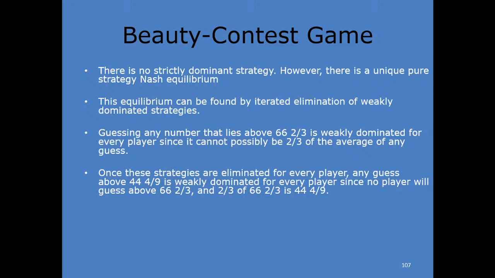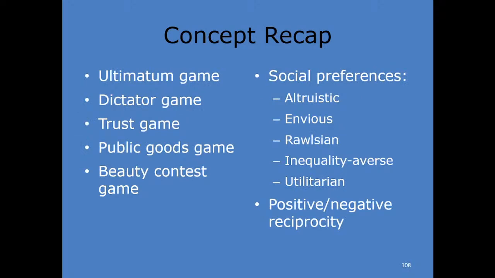Once the strategies are removed, any guess above 44 and 4/9 is weakly dominated for every player, since no player will guess more than 2/3. And 2/3 of 2/3 is 44 and 4/9. So at the second step, you can remove any guess above 44 and 4/9. You can continue like that until you get to 0, basically. So the winning guess will be 0 after this iterated elimination of dominated strategies.